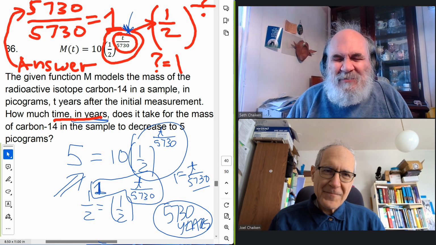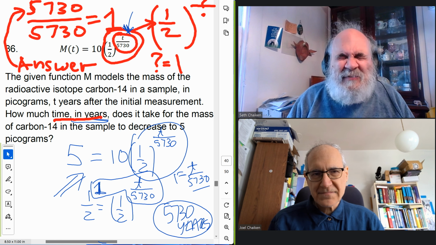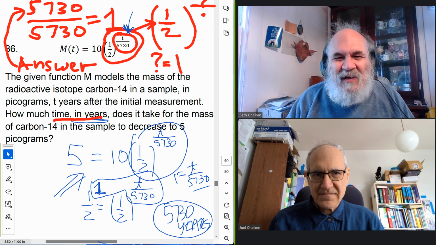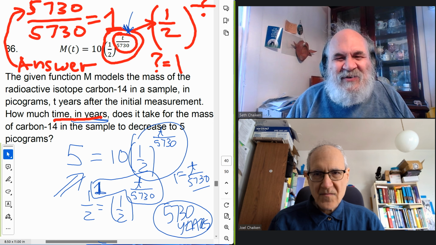Well, yes, you could just look, observing that the function is 10 times this exponential.